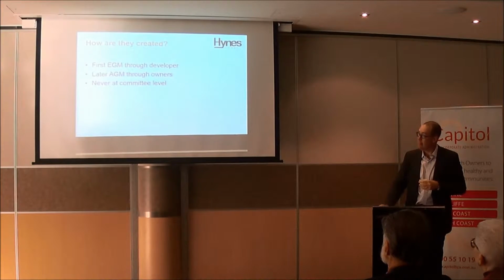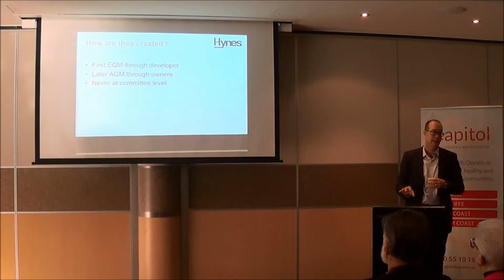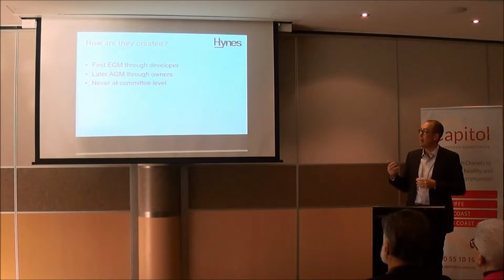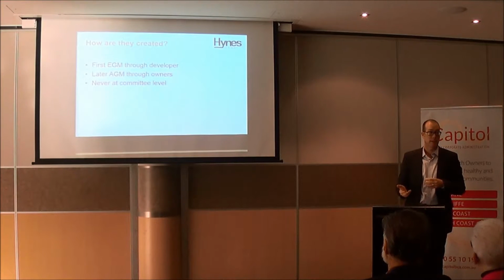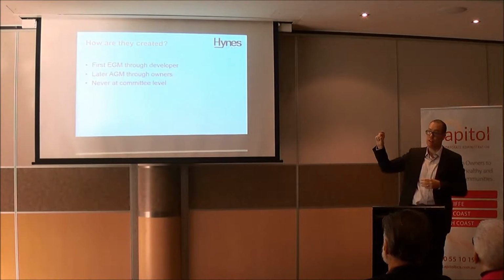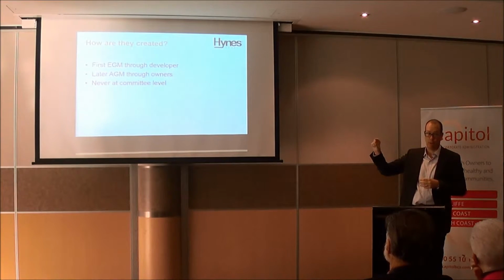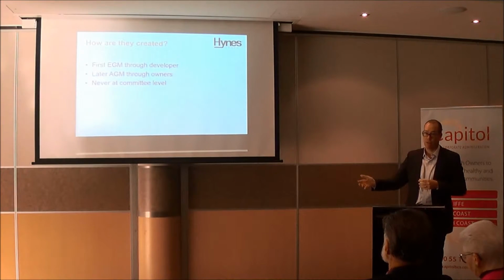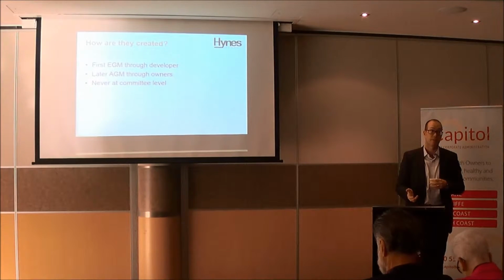How are they created? Two ways. Firstly, committees can't change them. Committees can't enter into them. It's always got to happen at general meeting. So what will happen is, if you've ever bought a unit off the plan, what you get is a whole bunch of disclosure documents that sets out the body corporate contracts, the strata manager, the levies, the bylaws, the entitlements, service contracts, management rights agreements.